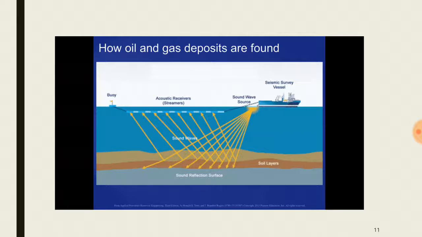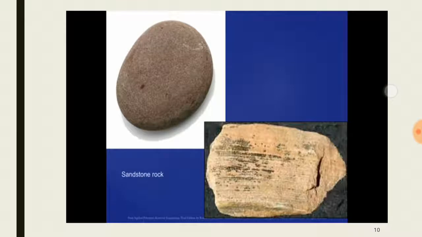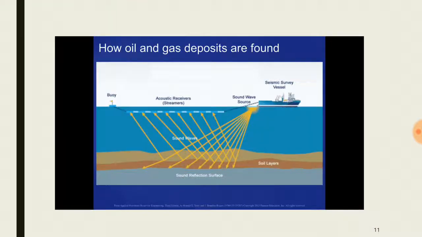As you can see here, for example, this is a seismic surveying vessel, which emits some energy waves which go down under the earth, and then they are deflected back.